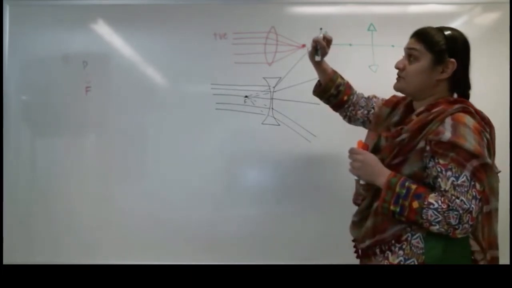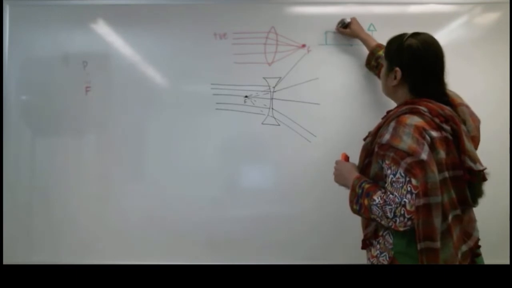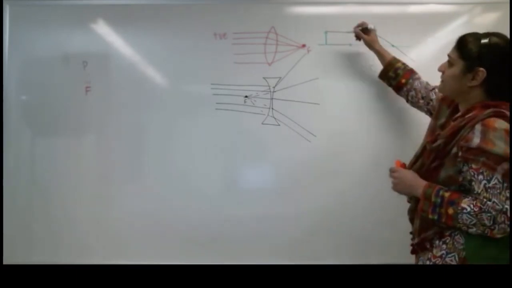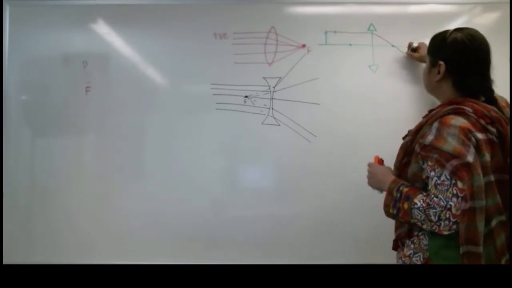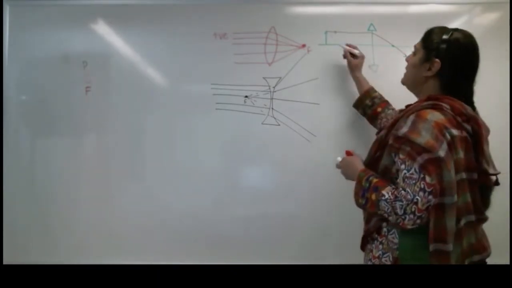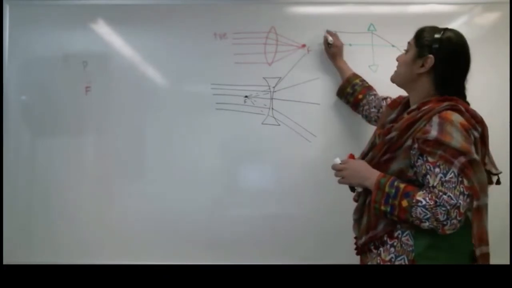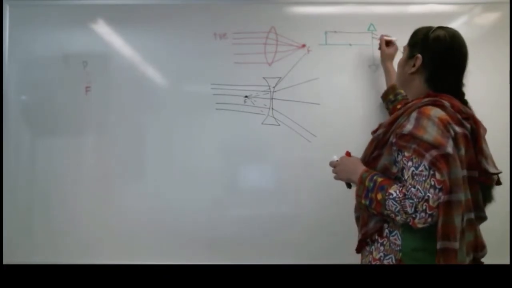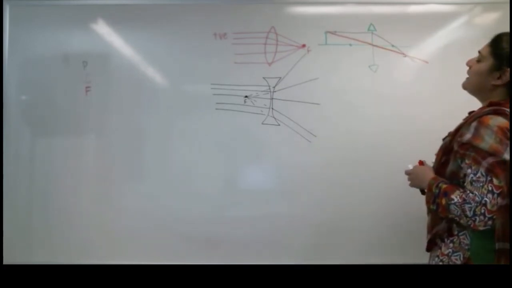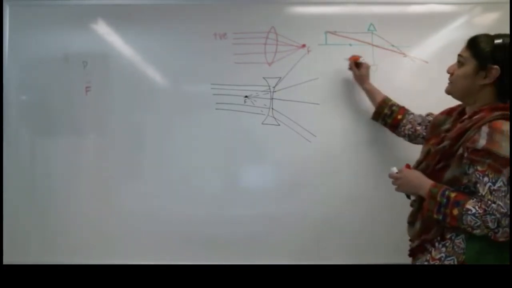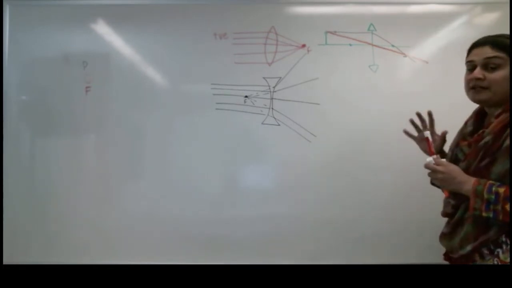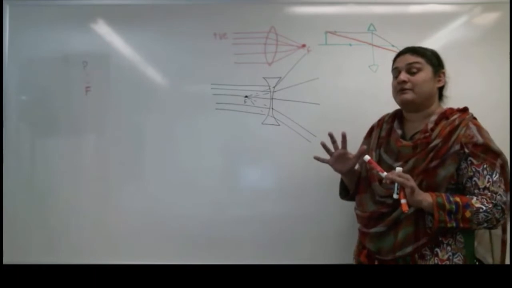Parallel, remember, with black, comes, hits, goes through the focus. Next one was my chief. Now again, remember it is a refracting surface now, so it's going to come in and keep going. It's not going to be reflected back. The third one is focal. Now this is slightly different from the way we were doing the mirrors.